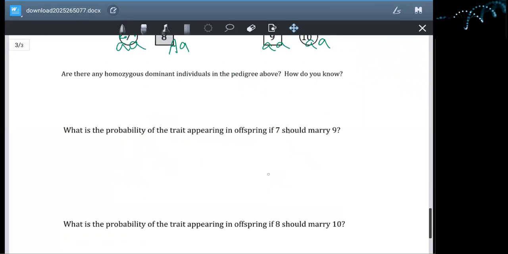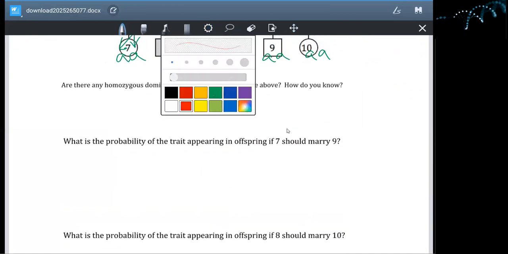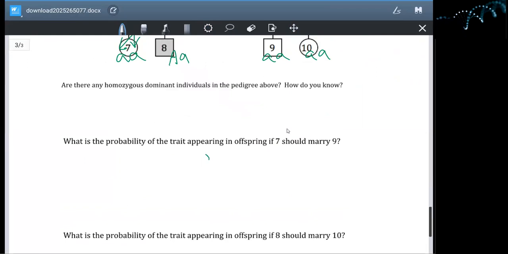What is the probability of the trait appearing in offspring if 7 should marry 9? Let's figure this out. So what is 7? 7 has the genotype of little a, little a.